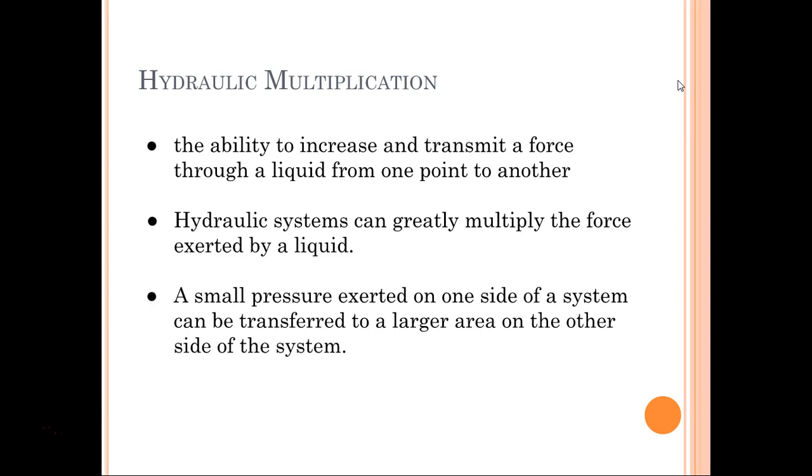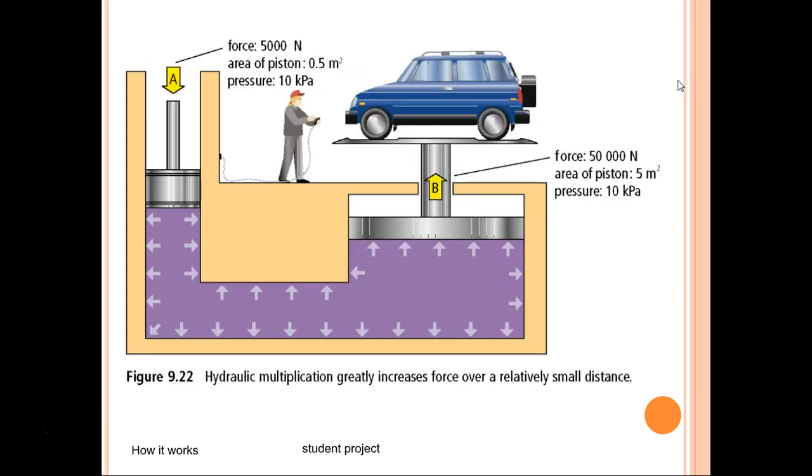I think I have a picture on the next one to kind of demonstrate it. So a small force applied over here, okay, at the controls. So you can see the person has the controls. A smaller force applied on that side is going to be exerted through the fluid to the hoist.